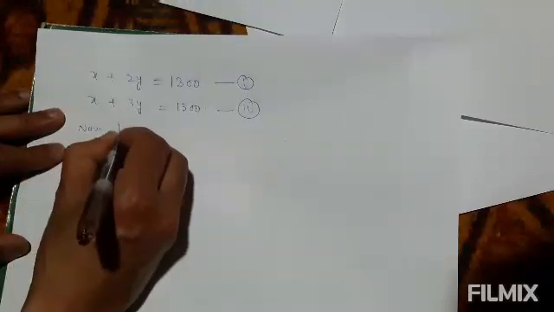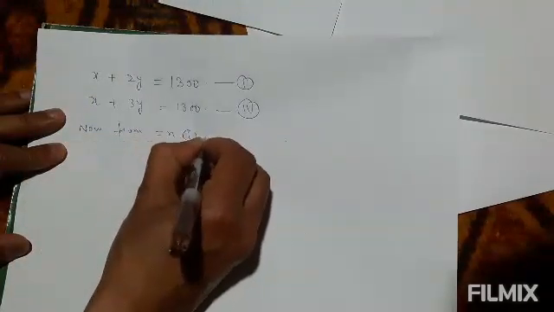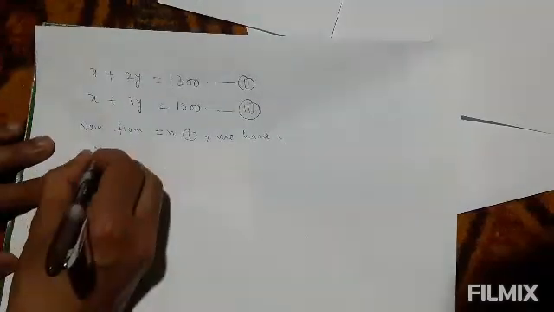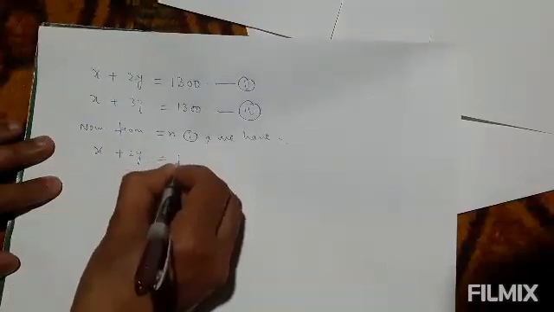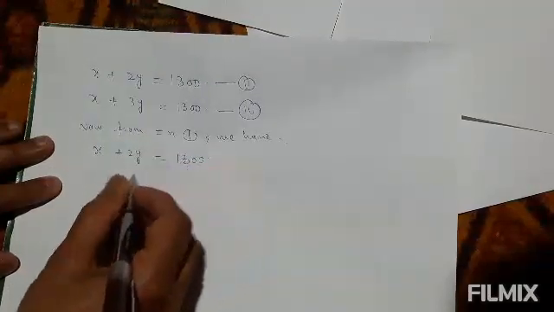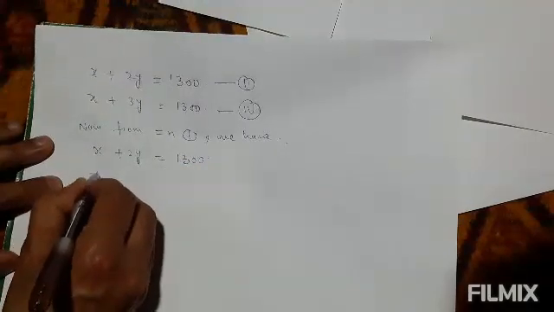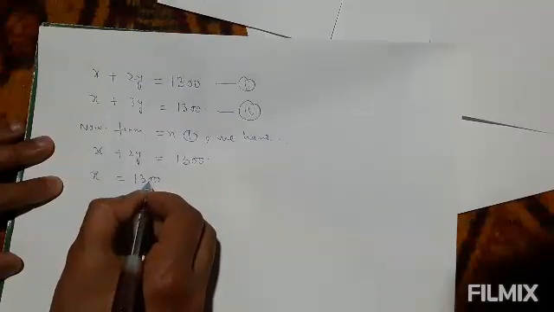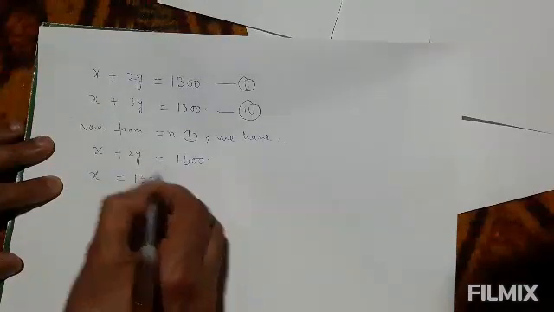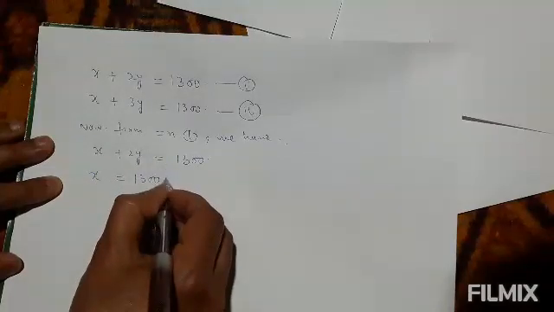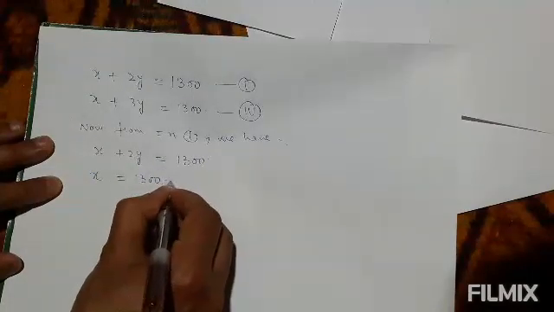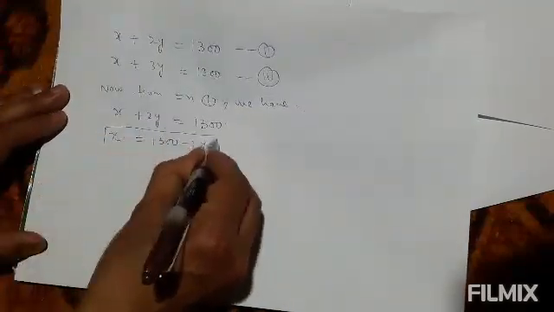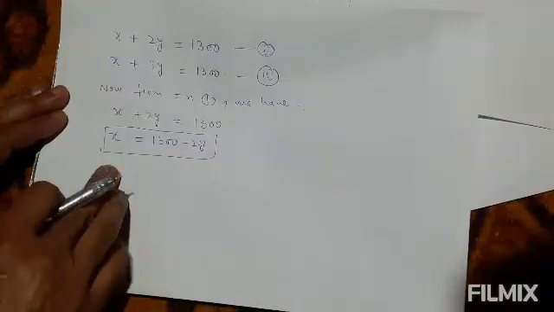Now from the first equation we have x plus 2y equal to 1300. Keep x here on the left side, and 2y will shift to the right side, it will become x equals 1300 minus 2y. Now we have to put the value of y to get the value of x.